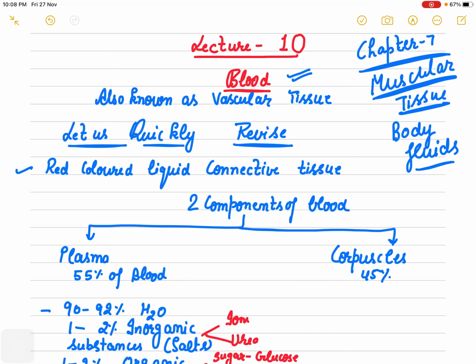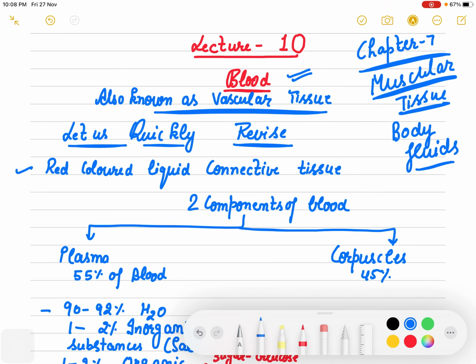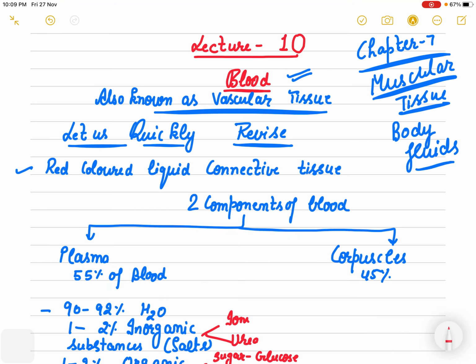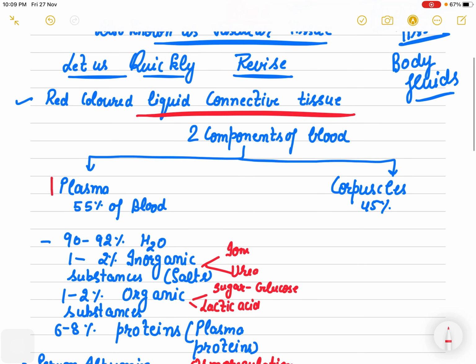So let's quickly revise about the blood. As you know, the blood and lymph, both are known as the vascular tissue, right? And the blood is a red color liquid connective tissue which has two main components. One is plasma, and the other is the corpuscles, which you call the cells also.